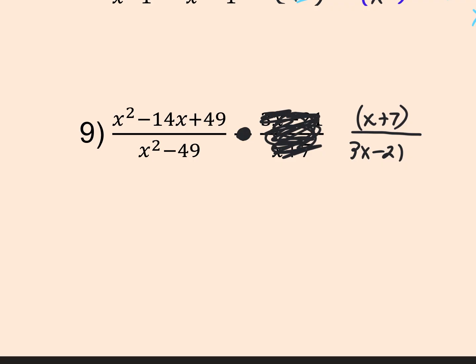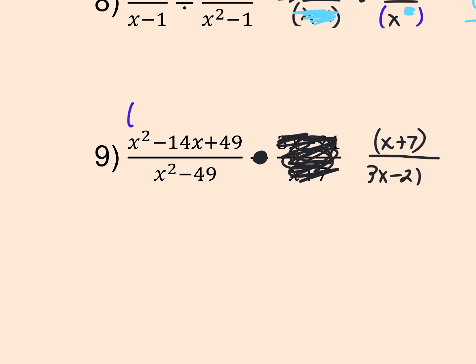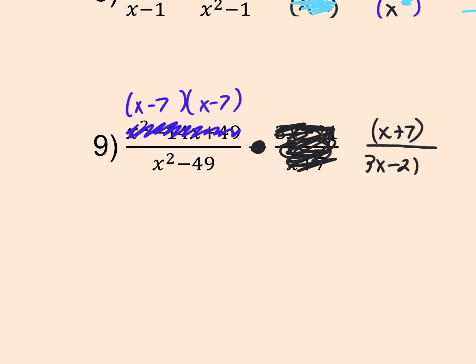Now I'm going to go, again, I do the same thing every time. Top left. Factors of positive 49 that multiply to give you 49, but add to give you a negative 14. X minus 7, x minus 7. Perfect. Okay. Bottom left, x squared minus 49.